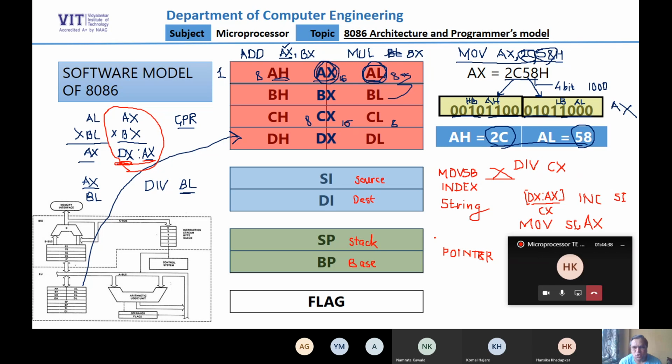In the instruction set of the 8086 processor, there is an instruction whose mnemonic is push. You might have heard about push and pop operations in algorithms also.